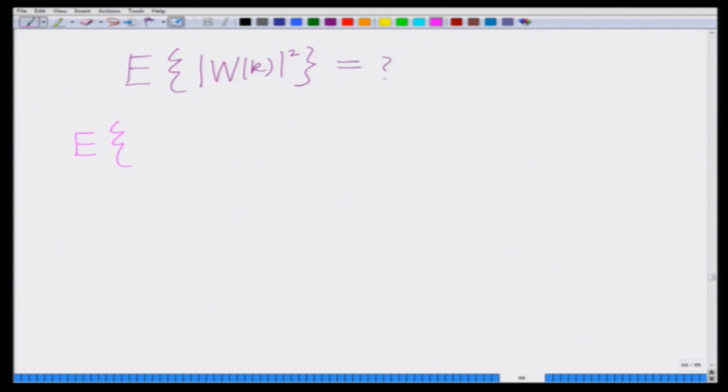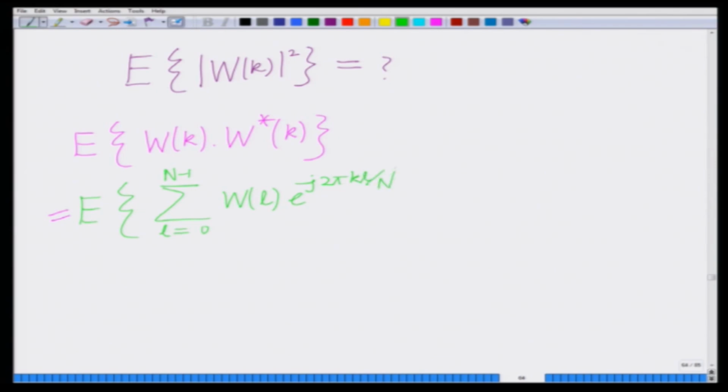The expected value of magnitude W_k square equals the expected value of W_k times W_k conjugate, which I can write as the summation over l equals 0 to n minus 1 of w(l) e to the power of minus j 2 pi k l divided by n, times the summation over l tilde equals 0 to n minus 1 of w(l tilde) e to the power of minus j 2 pi k l tilde divided by n, conjugate.